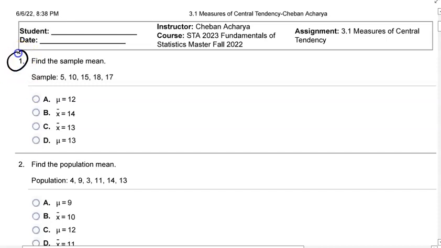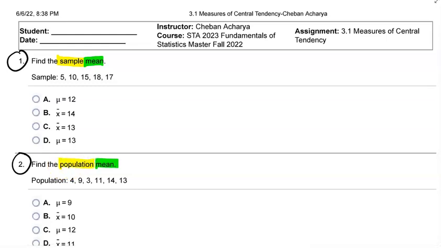I want to point out question number one and question number two, what's the difference between these two? Both ask you to find the mean. But you notice that it says find the sample mean, find the population mean.